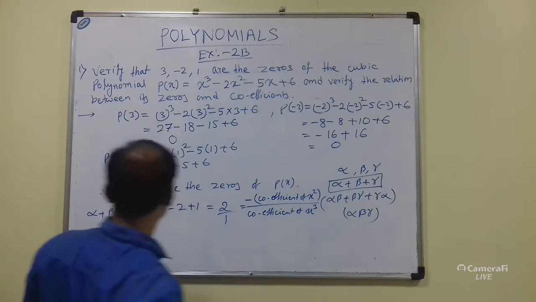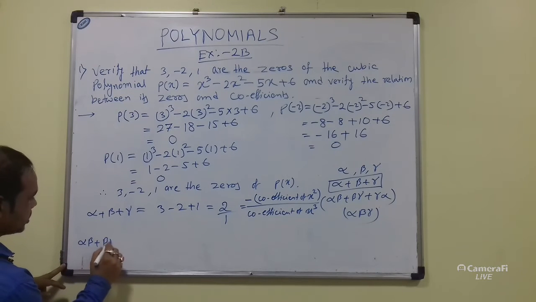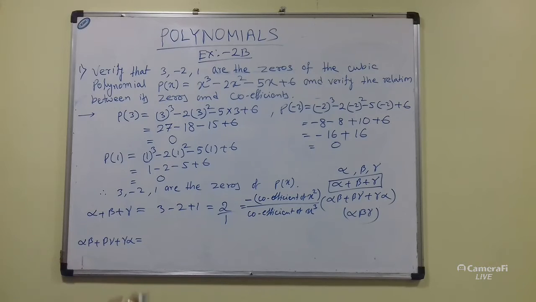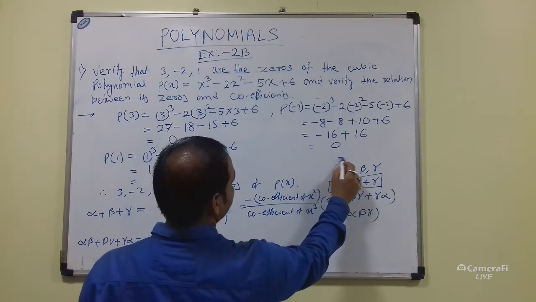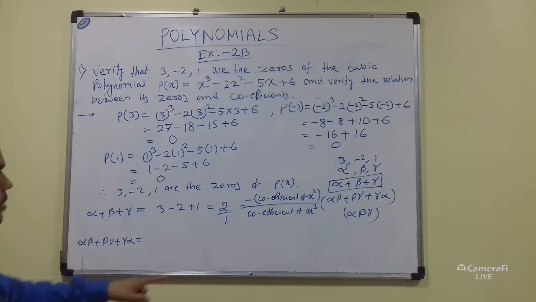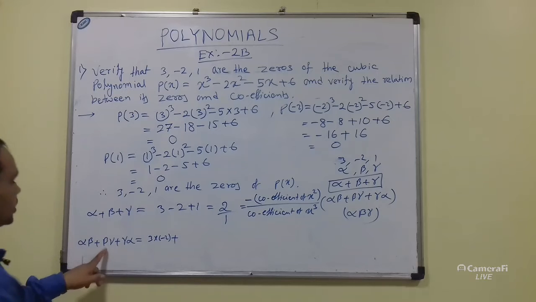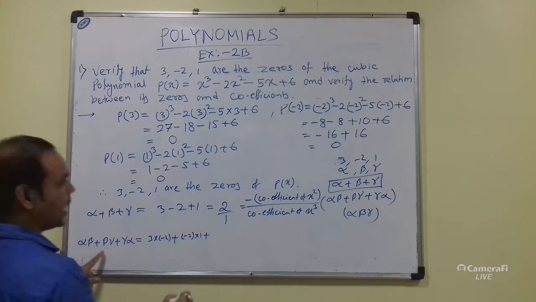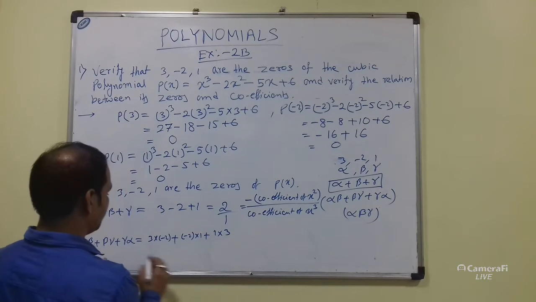Now we have to find alpha beta plus beta gamma plus gamma alpha. Here alpha means 3, beta means minus 2 and gamma means 1. So alpha beta means 3 into minus 2, then beta gamma means minus 2 into 1, and then gamma alpha means 1 into 3.